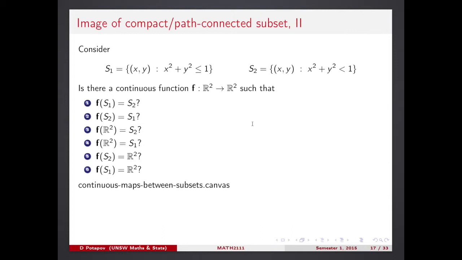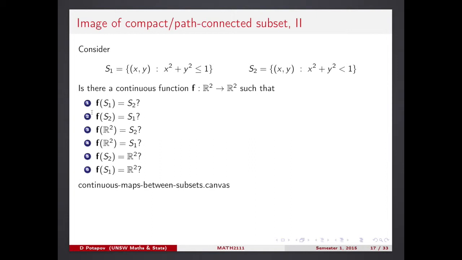Right. This type of question, you will see a few of them in the tutorial set. When you have two subsets on the plane or maybe in 3 dimensions, and you have to answer the question whether it is possible in any way to come up with a map between S1 and S2, which is a continuous one, which takes S1 into S2, or some other combination.